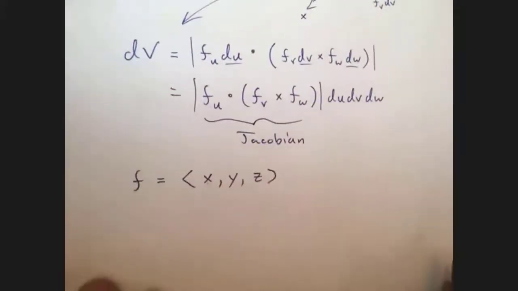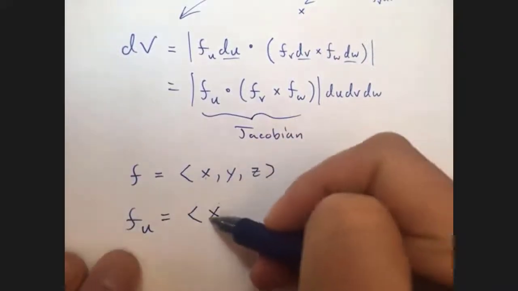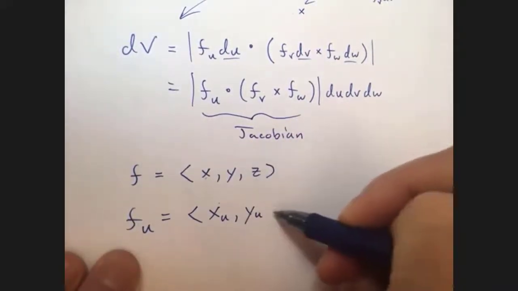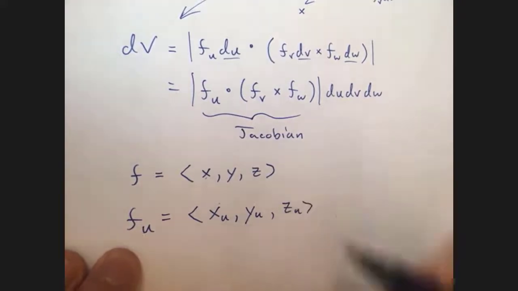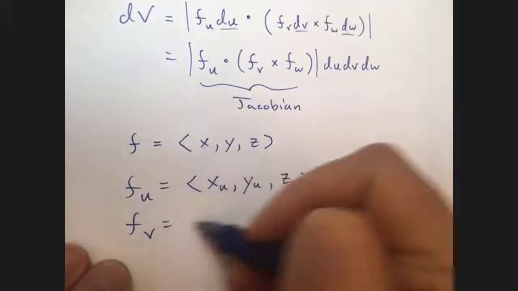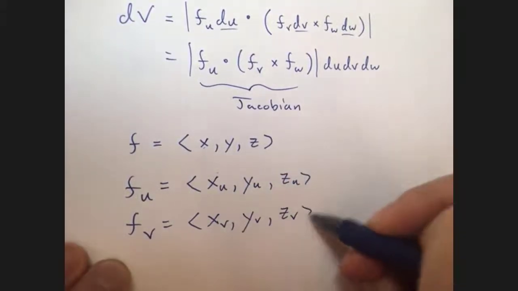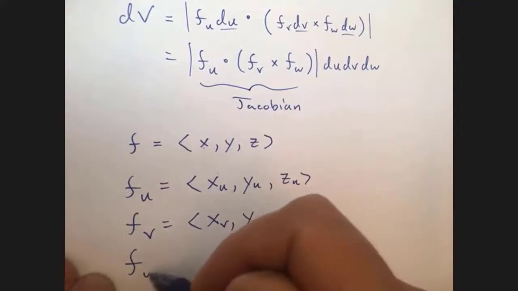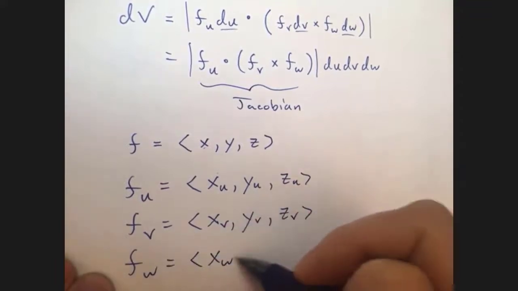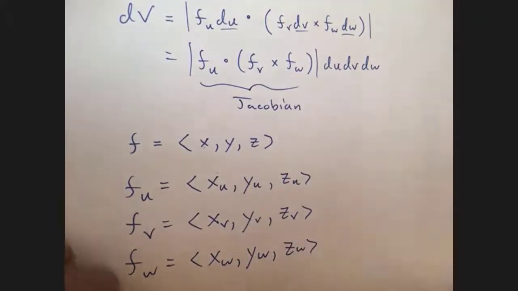When I compute f_u, I'm getting the u derivative of x, the u derivative of y, and the u derivative of z. When I compute f_v, I'm getting the v derivative of x, y, and z. And when I compute f_w, I'm getting the w derivative of x, y, and z.